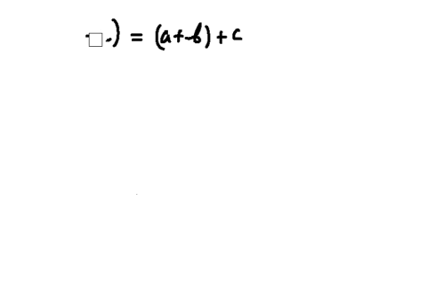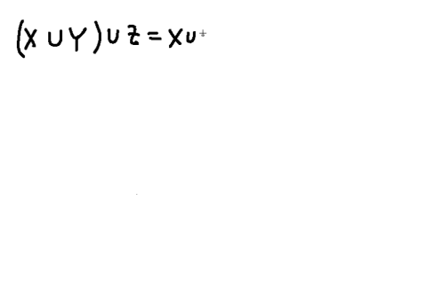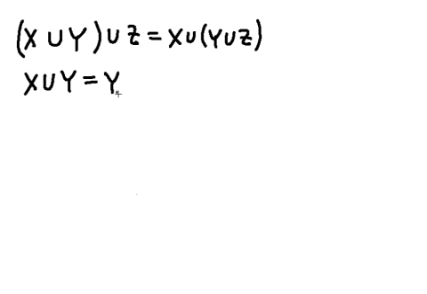And so let's write out the same two laws which actually do hold for union of two sets. Now we switch to capital letters for sets, although we don't have to. We often also write small letters for sets, of course. So X union Y, and union Z, that is the same as X union (Y union Z). And another law that corresponds to commutativity of addition is the commutativity of union, which says that X union Y is the same as Y union X.